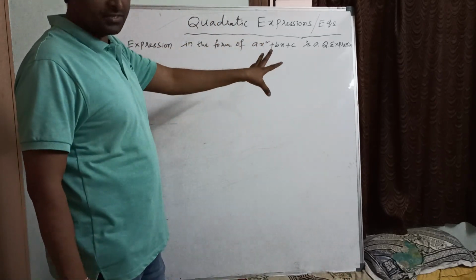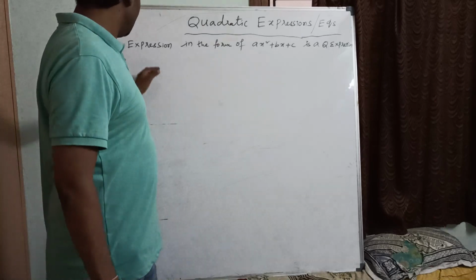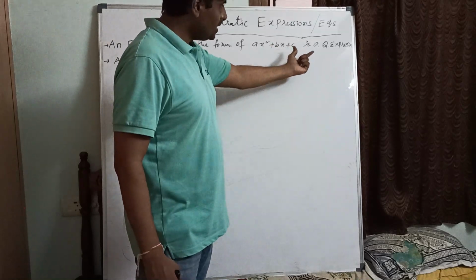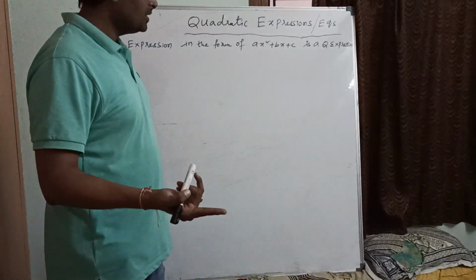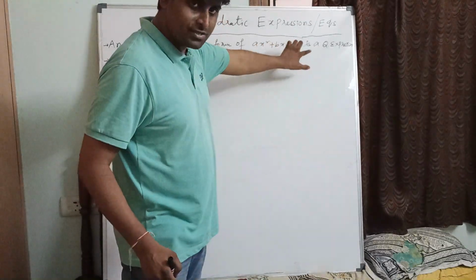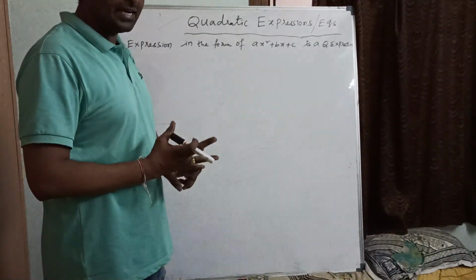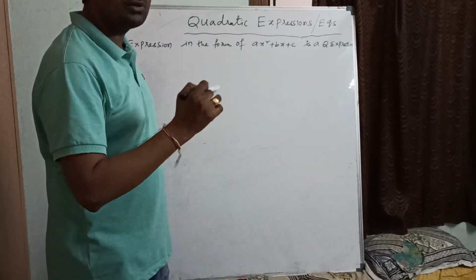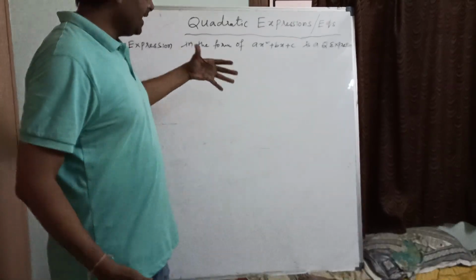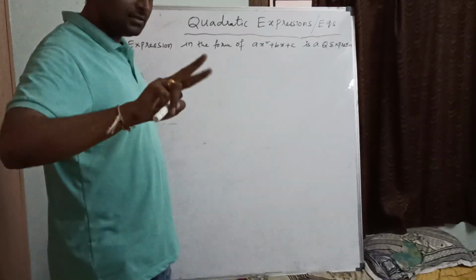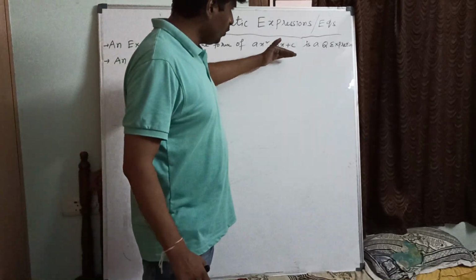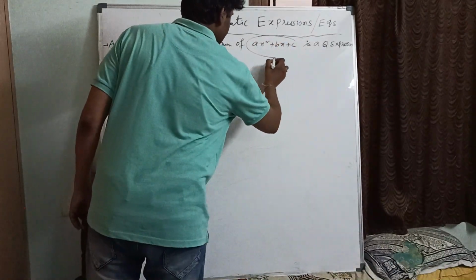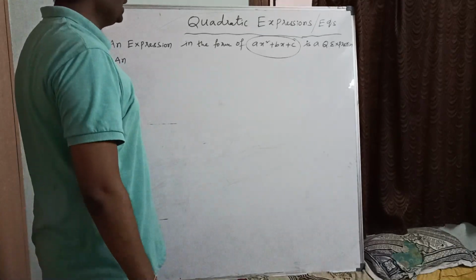A quadratic expression means an expression in the form of ax square plus bx plus c. Whenever we write it equal to 0, that is an equation. When can you say a mathematical statement is an equation? Whenever you write equal to 0. An equation means an expression which contains two terms on both sides, and both terms must be equal. So ax square plus bx plus c is known as a quadratic expression.